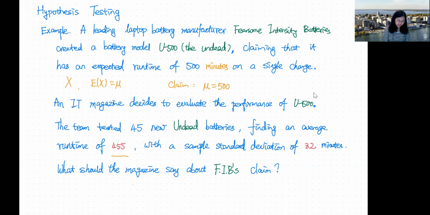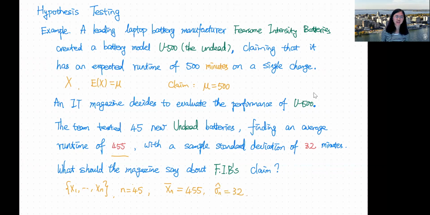In your data set, you have an IID draw of the runtime where n equals 45. And your sample average, that is your point estimate for the population expectation, is 455. And the sample standard deviation is 32.